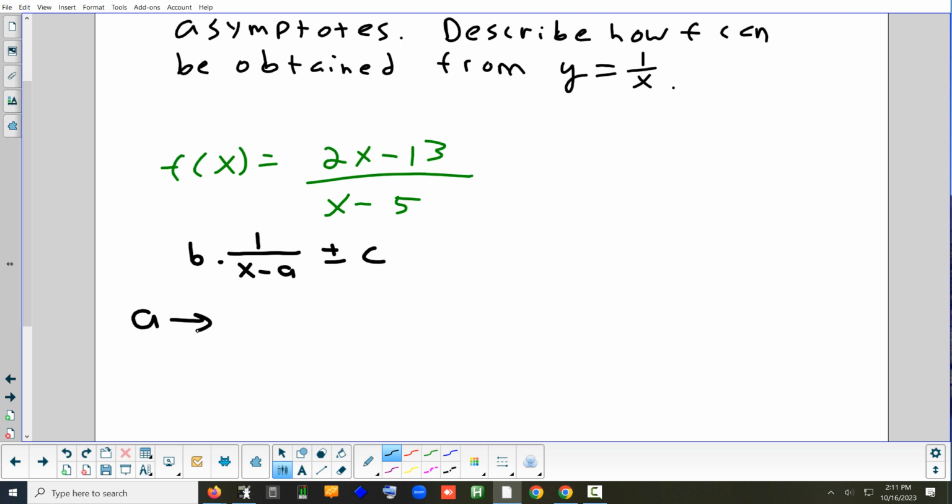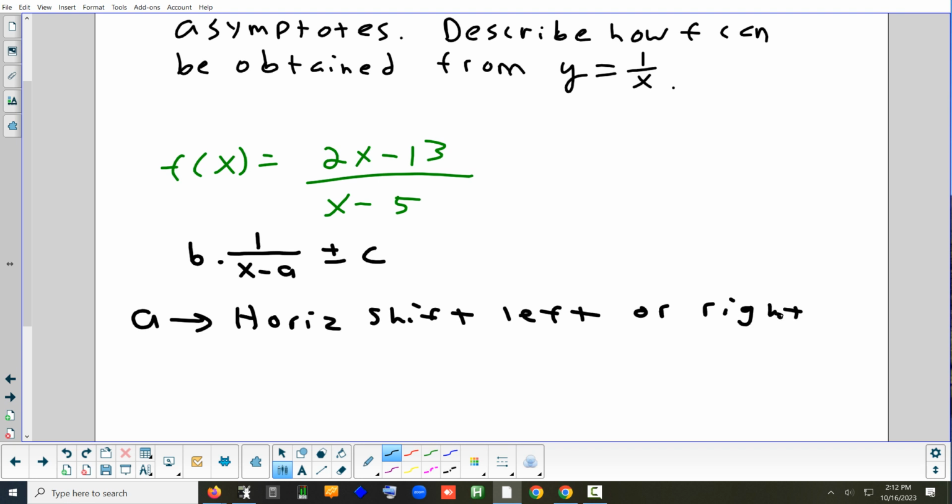What does a do? A would shift your graph left or right. We talked a little bit about transformations when we did quadratics, but that's what a does. So horizontal shift, left or right.